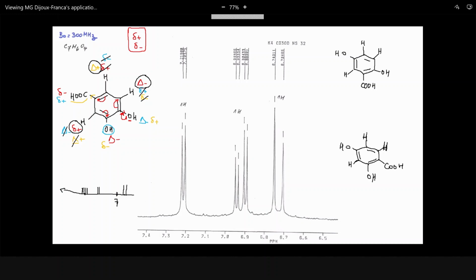Not yet. Okay, I will let you do the same exercise with these other two structures. So next time we will compare the three structures and we will choose the best regarding the reality. Right? Okay.